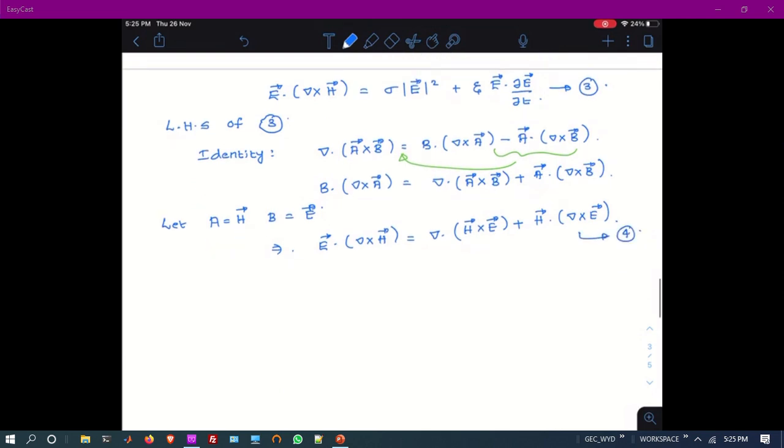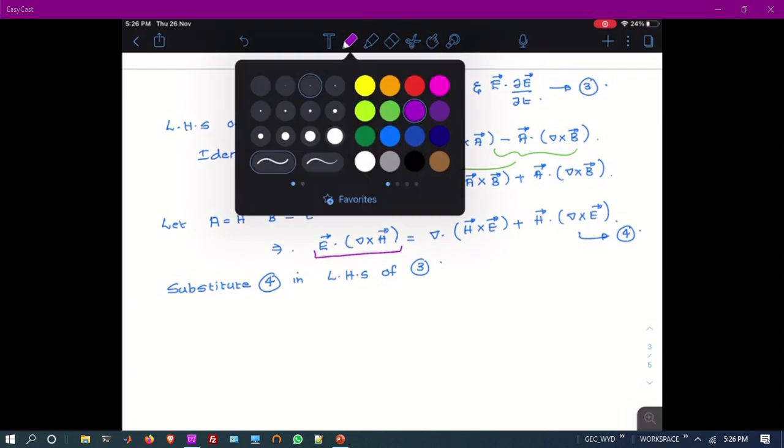Now let's substitute equation number 4 in the left hand side of equation number 3, because you see that the left hand side of equation number 4 and equation number 3 are equal. So I can just substitute whatever is in the right hand side of equation number 4 into the left hand side of equation number 3.